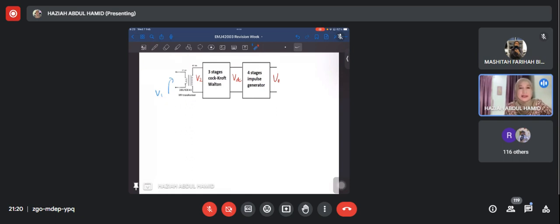Kalau saya label macam ni, this one V1 tadi berapa? What is the input voltage?